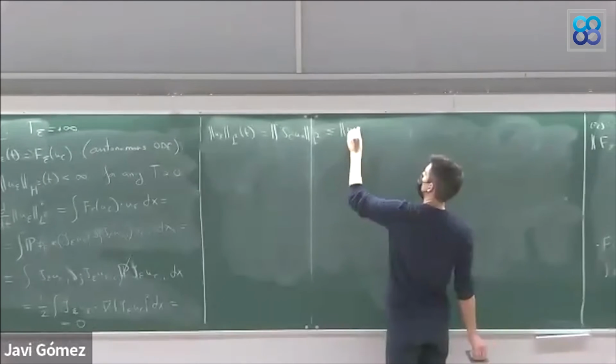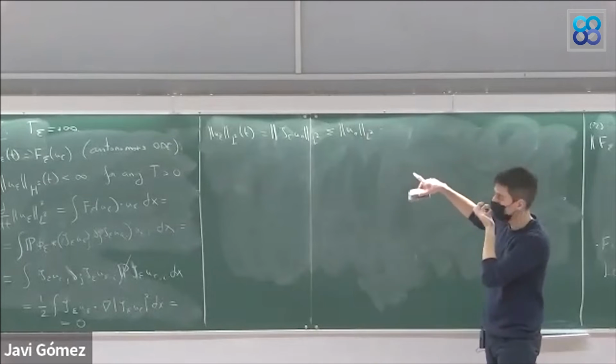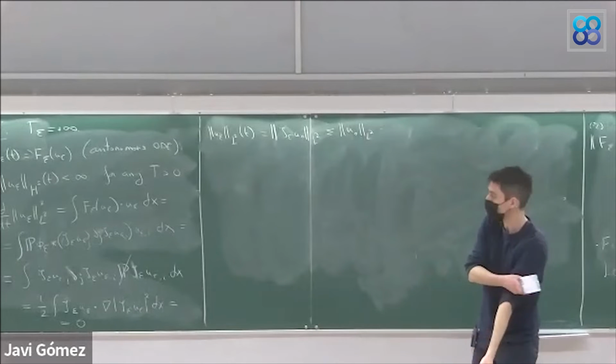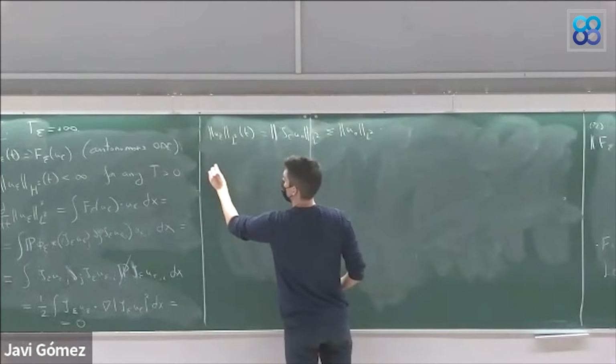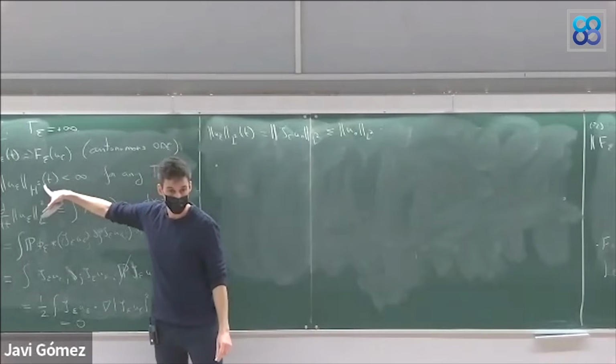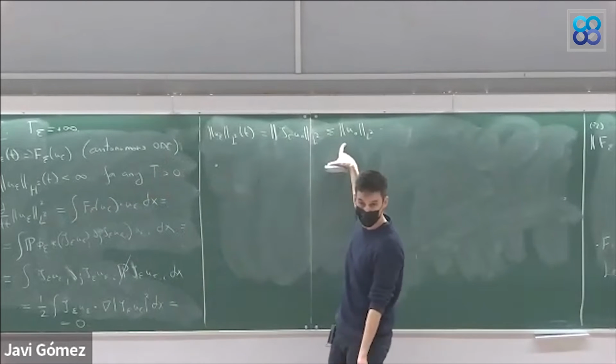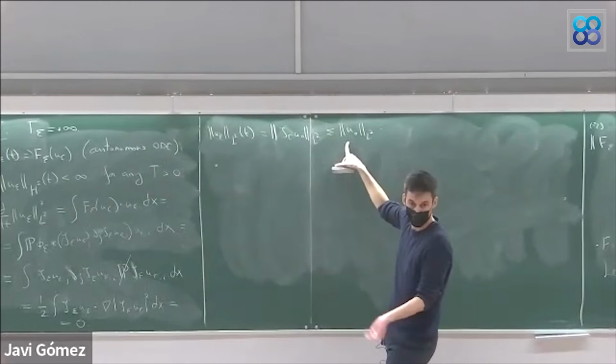So we have obtained a uniform bound for the L2. And now we have to do another estimate for the HS norm. But here we don't really need the bounds to be uniform. The first one is because it's simple and we need it.